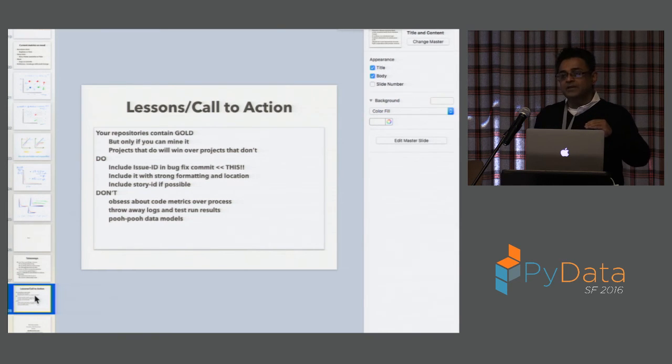That's probably the best practice to follow: they put the Jira ID in square brackets in the commit message, followed in square brackets by the component that they're fixing. So they have a lot of metadata in a strongly typed fashion so that machines can go and extract this information. When you don't have that, you can't automate this process of pulling this stuff out.